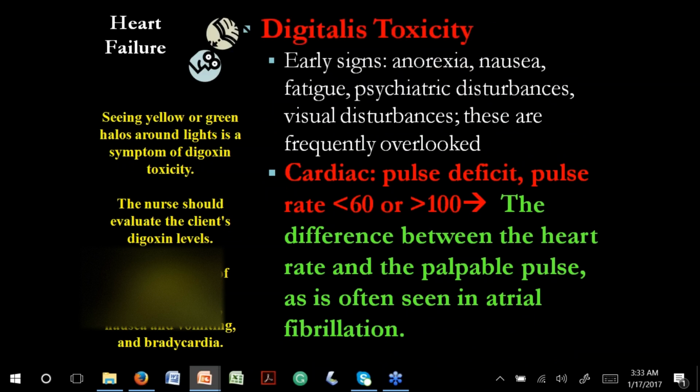Okay, so the digitalis toxicity. In digitalis toxicity, we have the cardiac pulse deficit, the difference between the heart rate and the pulse. That means people can have atrial fibrillation. So put the stethoscope on the chest and check. You have, for example, 100.